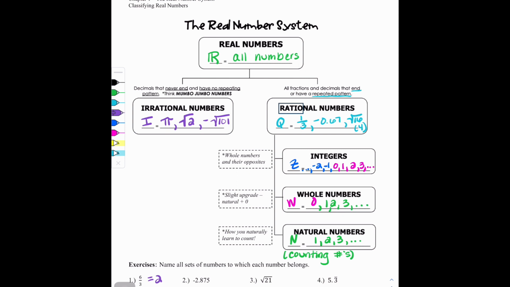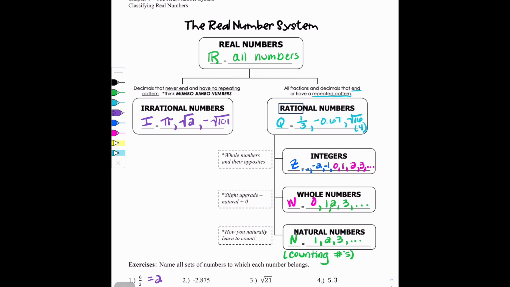So if I look at that as the number 2, let's think about all the categories it fits into. Thinking smallest to biggest sometimes will help. So if I look at the counting numbers, is 2 a counting number? It is. So I'm going to put natural or counting number there. Now, if I'm a natural number, because of where I am in the hierarchy here, that means I'm automatically also a whole number.